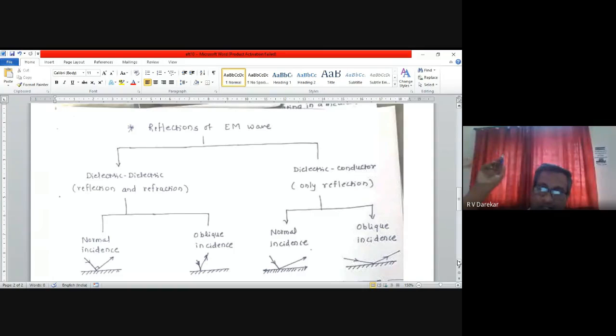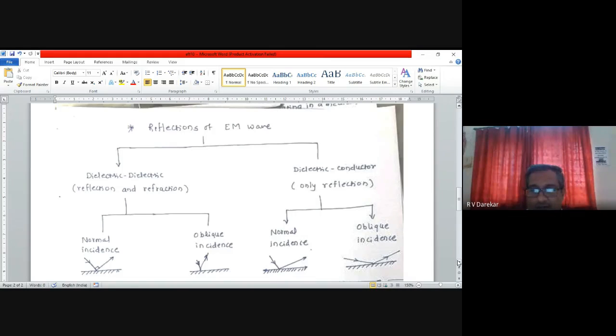Here we have to consider reflection as the prime concern. As the hierarchy indicates, reflections can again be divided into two sections: dielectric reflection and conductor reflection. In dielectric reflection, we can observe both phenomena, reflection as well as refraction.